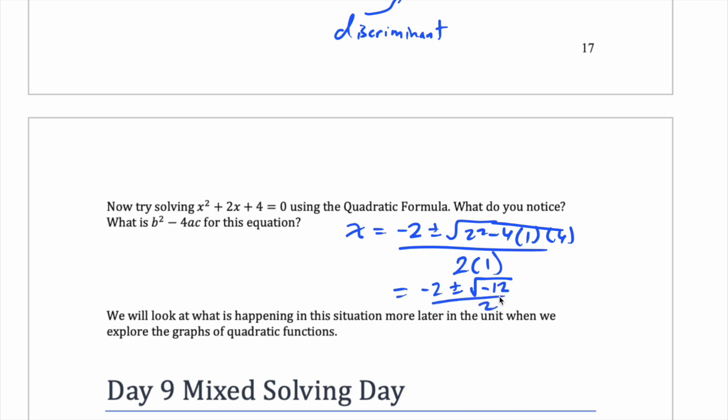And you cannot square root a negative number, so you get no solution. So you get no solution anytime this thing under the square root sign is a negative number. So when b squared minus 4ac is less than 0, you get no solution.